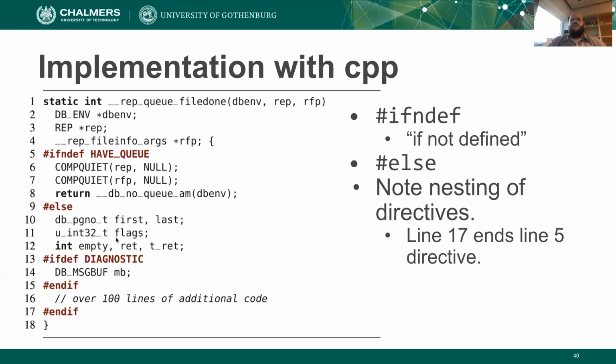I didn't include it here, but we also have an elif, right? And we can nest, of course, these particular directives, like line 17 ends the one on line 5. So we have an else, and then within that, we have another if-def inside of the else part of this, right?